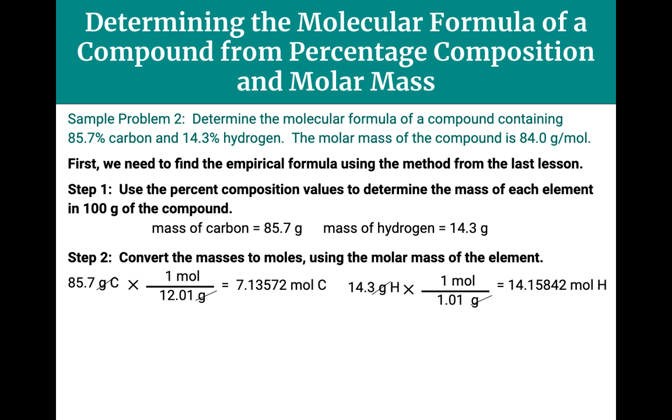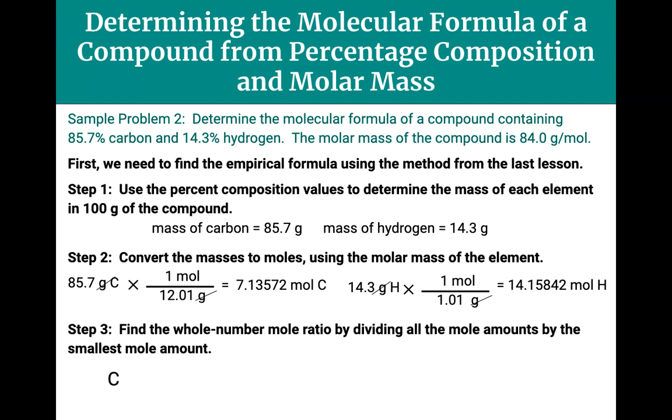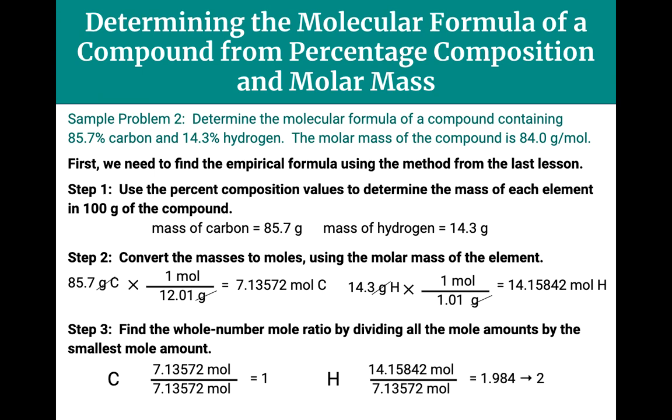We're then going to divide by the smallest. So for carbon, that is the smallest, so we get 1, and then for hydrogen, we get 1.984, which is very close to 2. So from this information, we now know that the empirical formula is CH2.